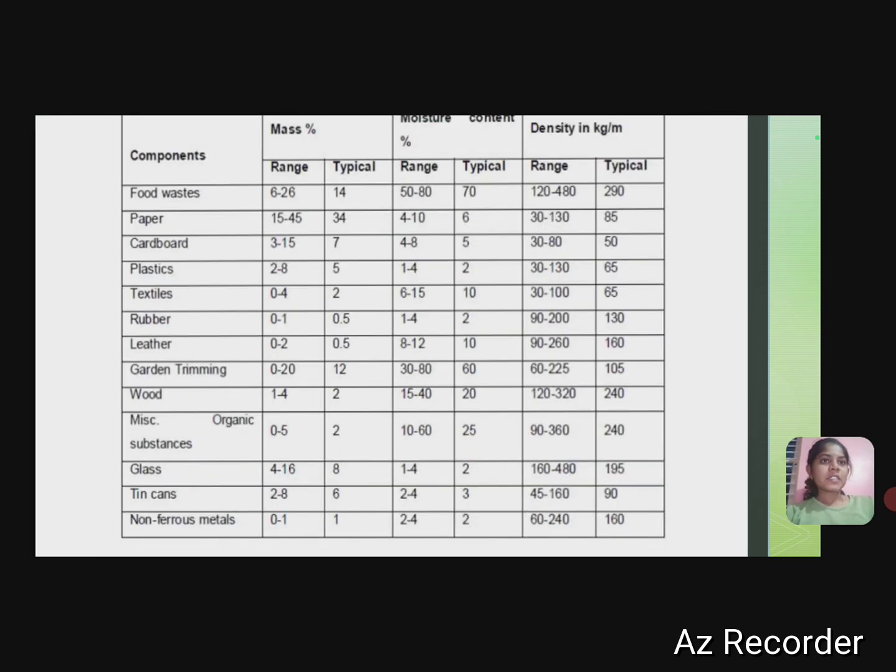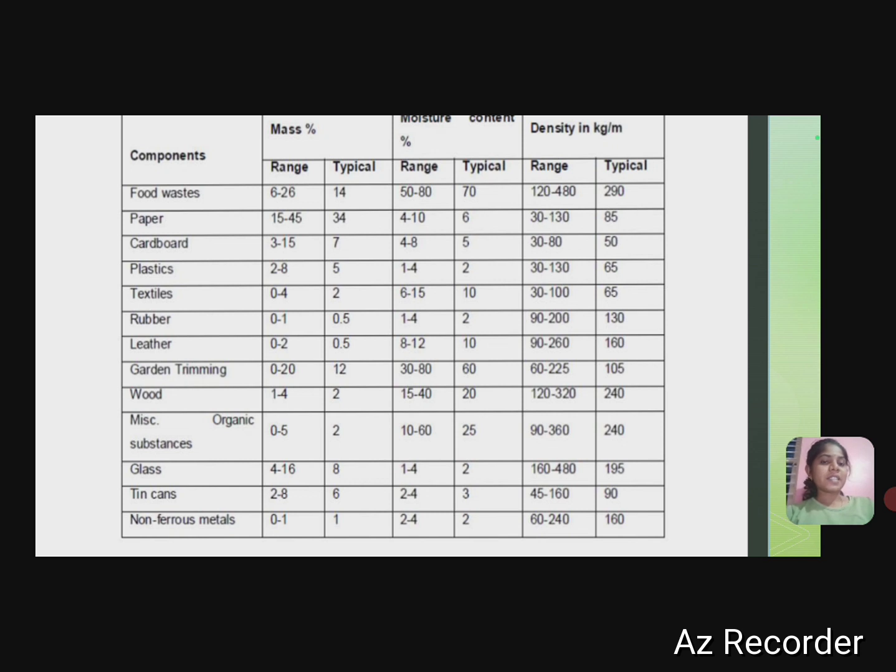Then the components, when we compare mass, moisture content, and density, there are many components: food waste, paper, cardboard, plastic, textile, rubber, leather, garden trimmings, wood, organic substance, glass, tin cans, non-ferrous materials.